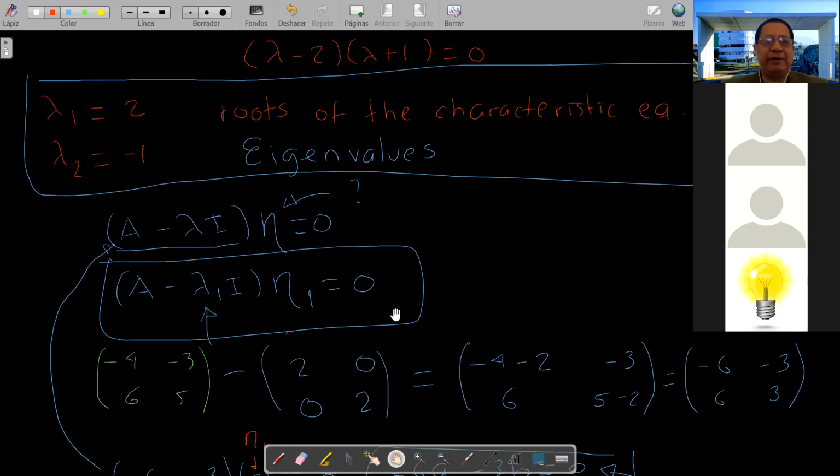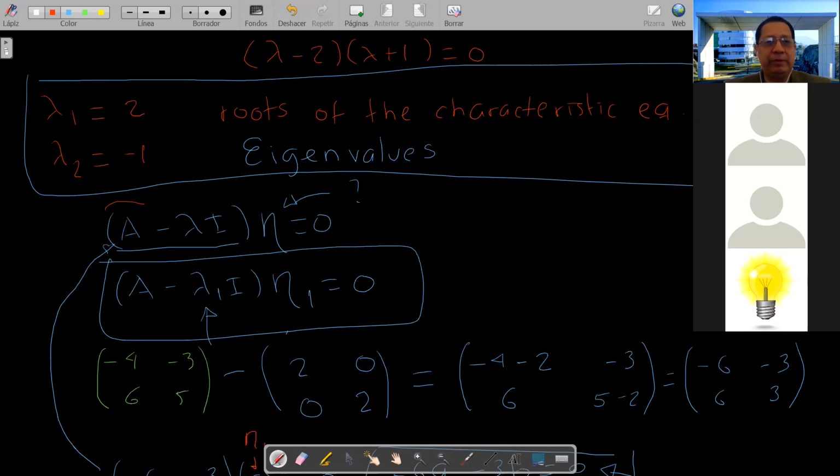So once we have our eigenvalues, now we're going to use once again the matrix A minus lambda I. Remember that in this case, A minus lambda I is a 2 by 2 matrix, and lambda I is another 2 by 2 matrix, and that's the condition for the subtraction to be valid.